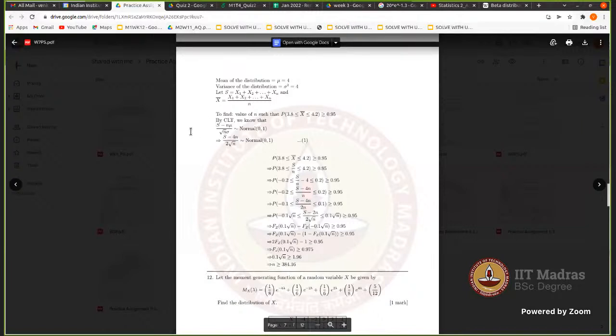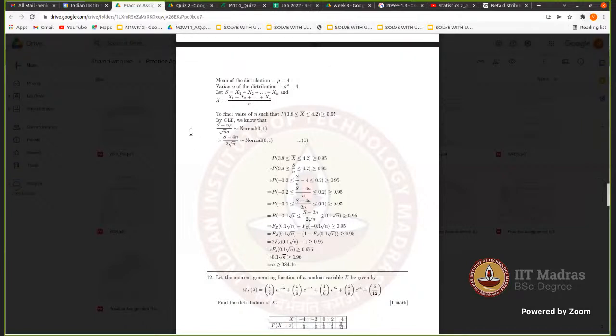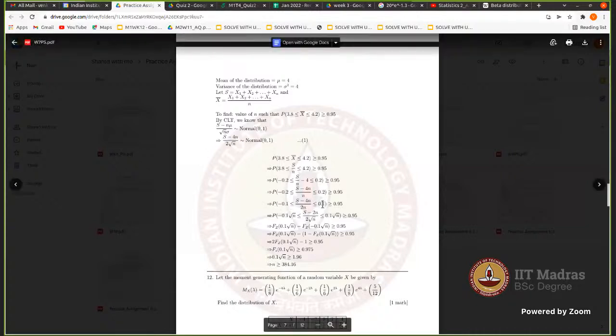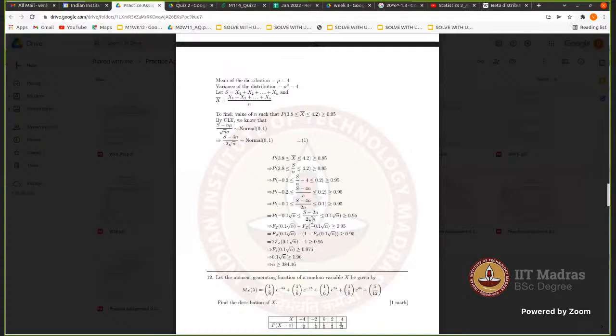Okay, so what is the thing? How have we approached from the fourth arrow to the fifth arrow? Fourth to fifth, is it? Yes, the fourth arrow in this last part. Okay, just multiply root n in the inequality throughout.